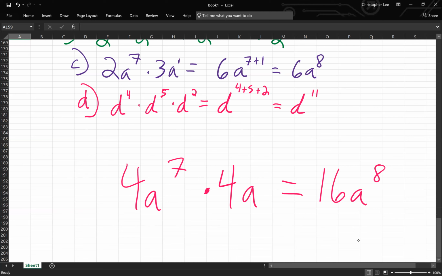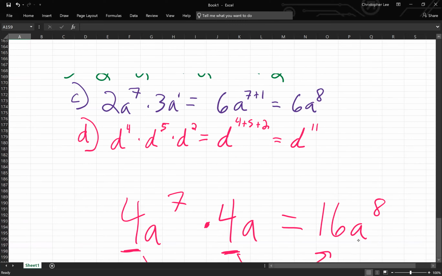So for me, the way I'm looking at it, if there's a coefficient, a number in front, that's being multiplied. So this number in front, that's definitely going to get multiplied to give me this other number over here.